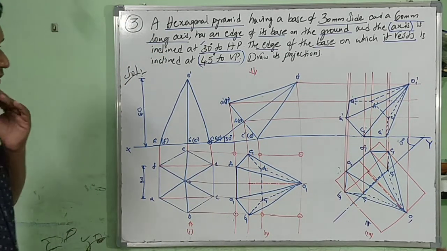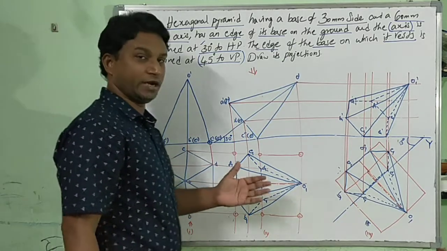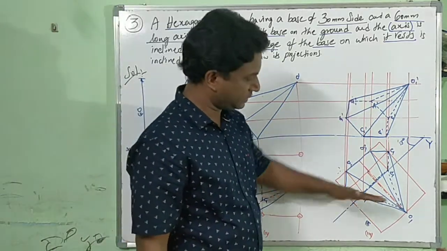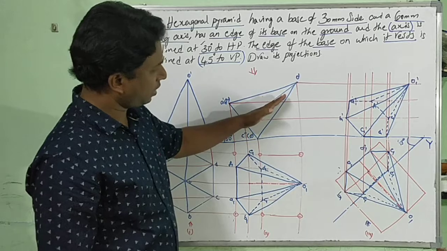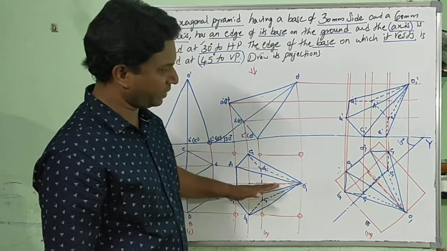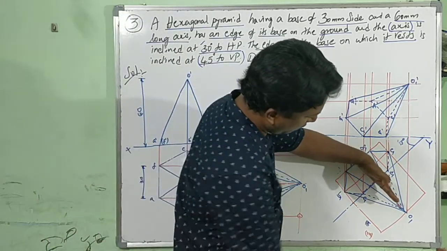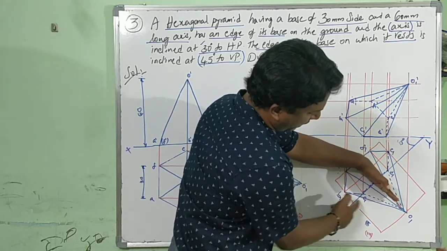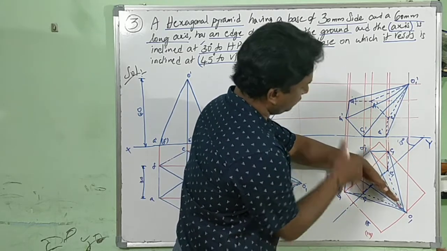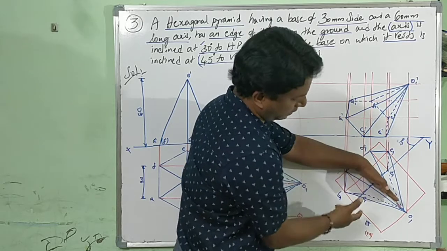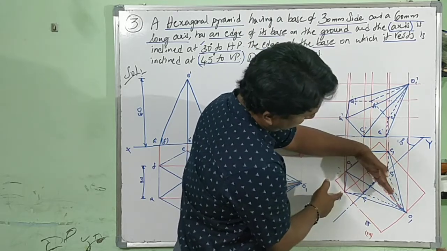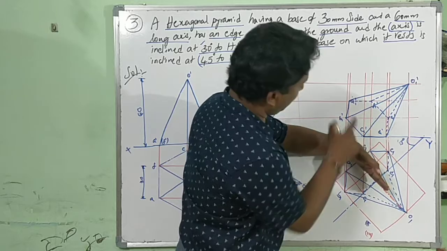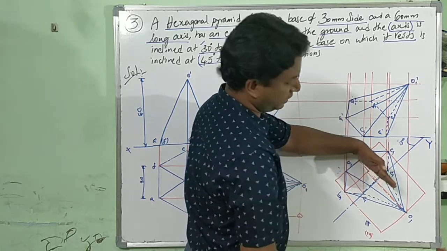You may still be confused how to identify thick lines and hidden lines. With respect to here, the half axis line we have determined. Same way, when I am looking here with respect to this half, I can see clearly C1 B1, so this C1 dash B1 dash is thick. With respect to this half, I can see clearly B1 A1, so B1 dash A1 dash is thick.